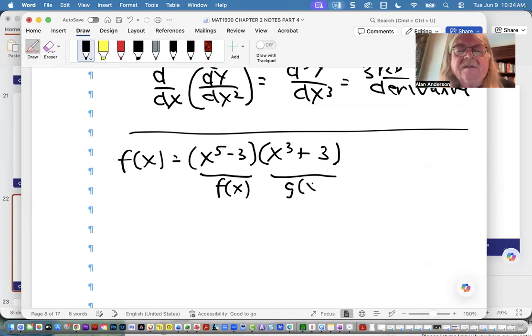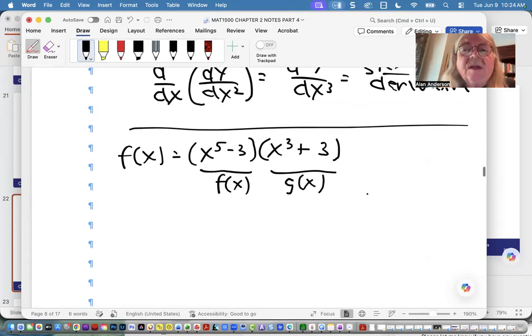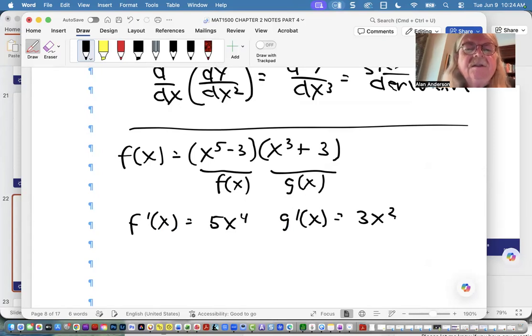There's no trickery involved. Sometimes these expressions can get tricky. So using the power rule, we have 5x to the fourth over here. G prime of x is 3x squared.